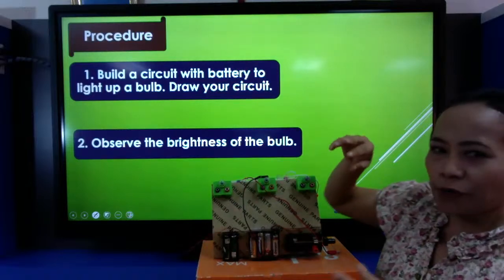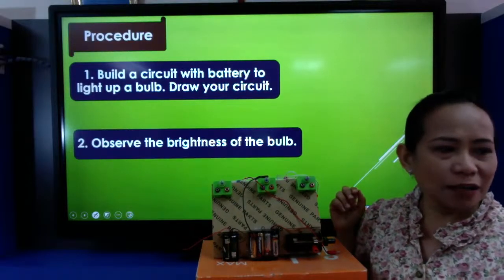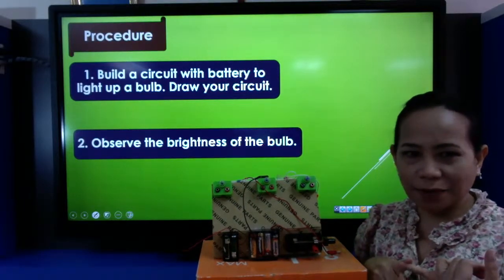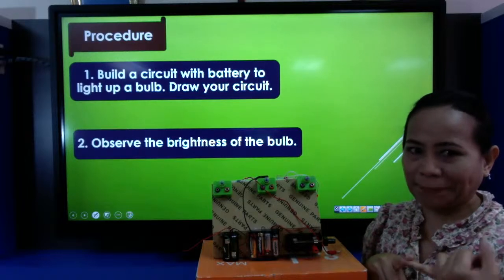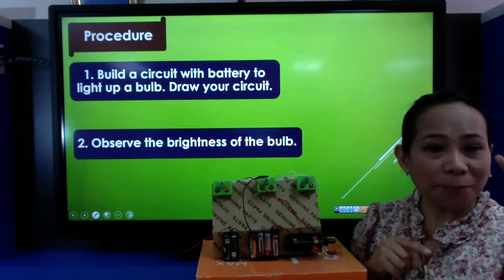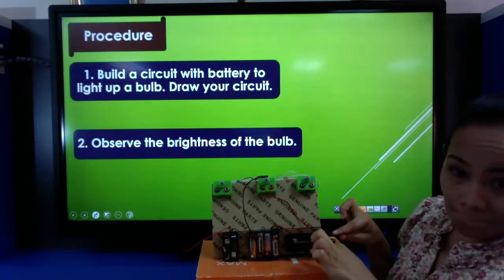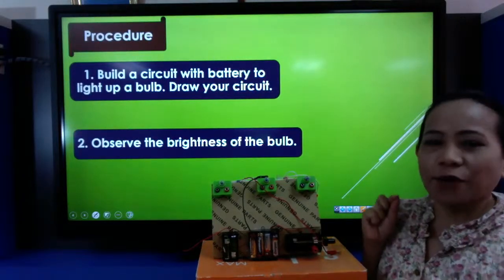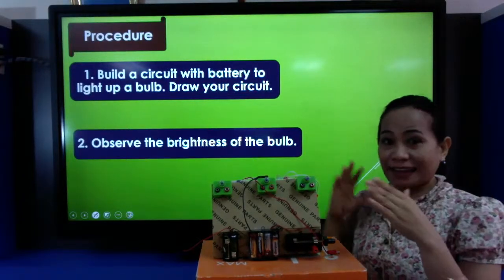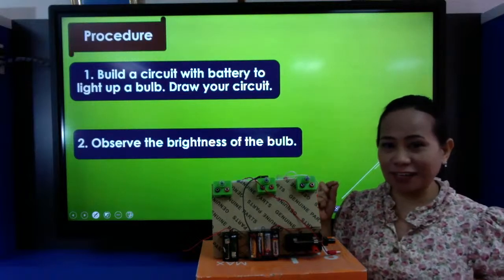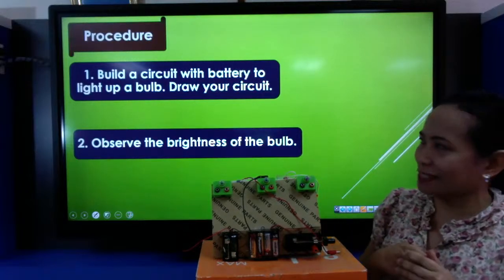Next meeting, if we're going to study the series circuit and parallel circuit, we will use this switch. But today, we're going to use the direct one without a switch first, to make it easy for you to understand.